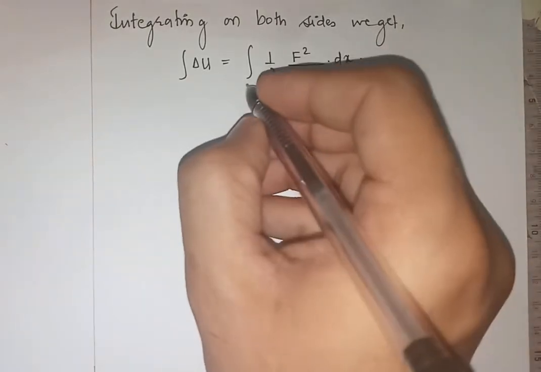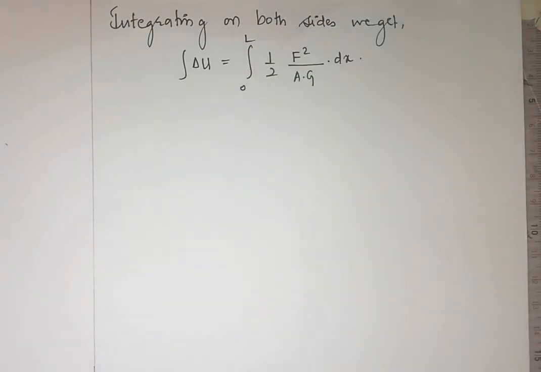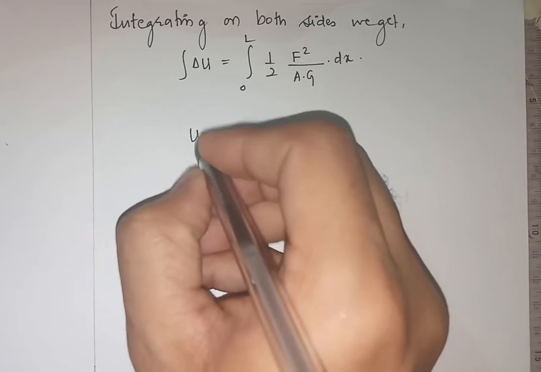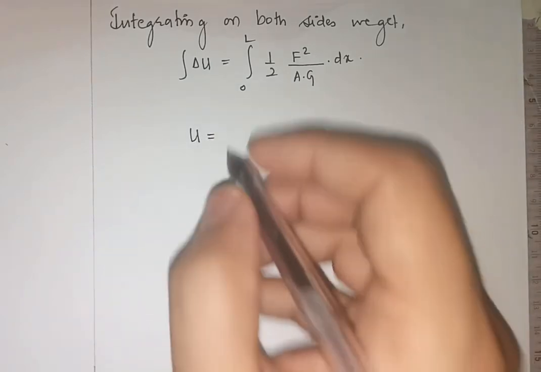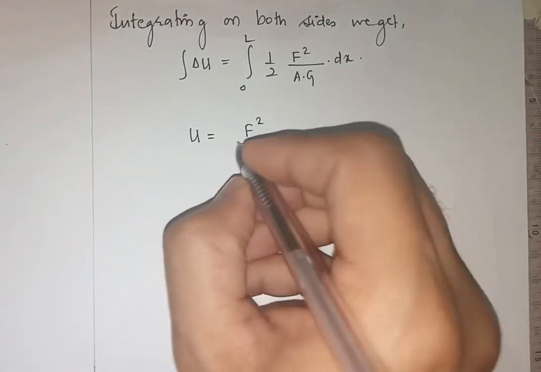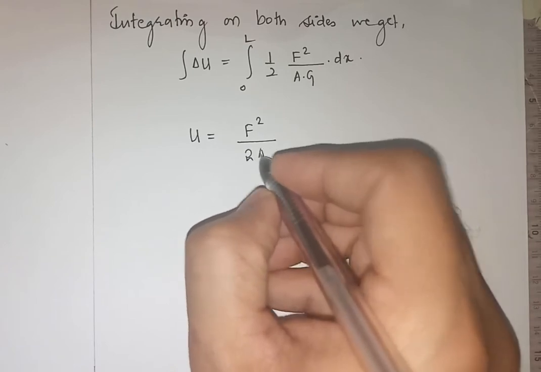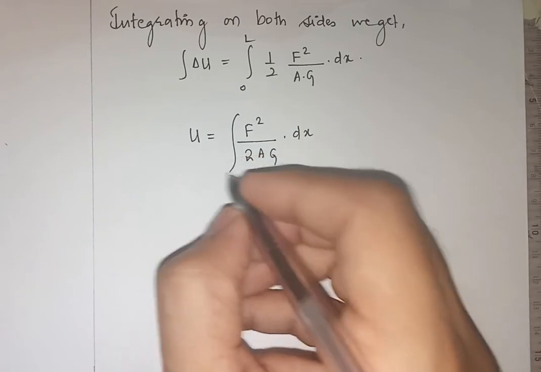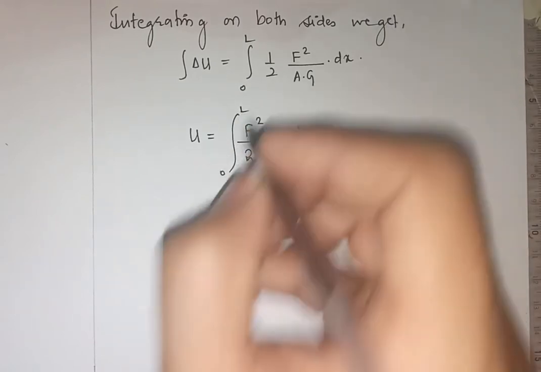So this should be integrated for the entire length. Right? So what you'll be getting here is the expression for strain energy, which is f square divided by 2ag into dx, integrated for the entire length 0 to L.